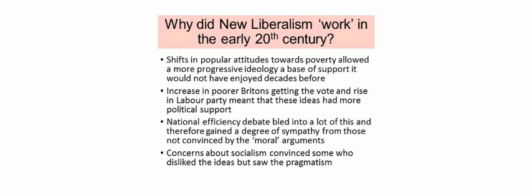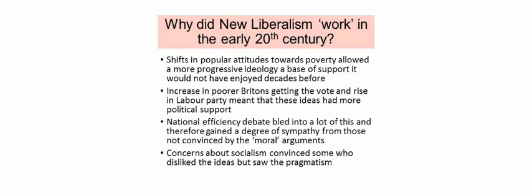Essentially, as there are more poor people who are politically active, the more support for these ideas that there are. In 1832, 2% of the population could vote, the richest 2% roughly. Okay? New liberalism would not have worked, because the people who could vote for the political parties would not have voted for it. Now we've got many more working class, upper working class people being able to vote. Ideas of new liberalism are more popular.